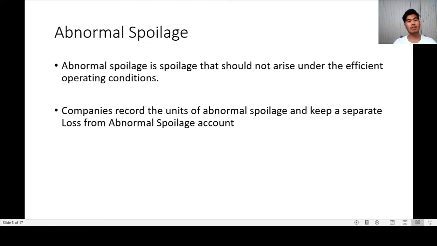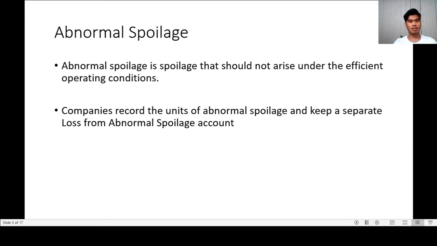So companies record the units of abnormal spoilage and keep a separate loss from abnormal spoilage account. Usually itong mga abnormal spoilage natin, let's say for example, flood, binaha po yung planta natin, nasunog yung planta natin, tapos may mga nasunog or na-spoil na mga units under production.